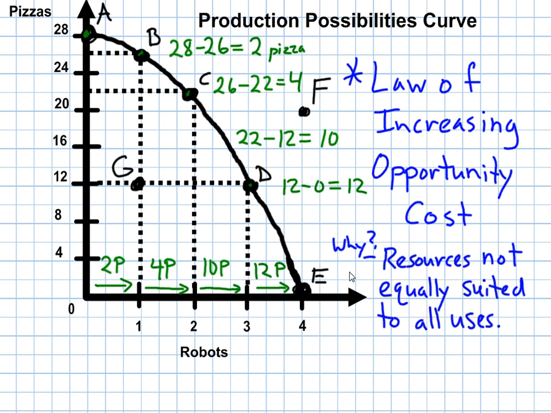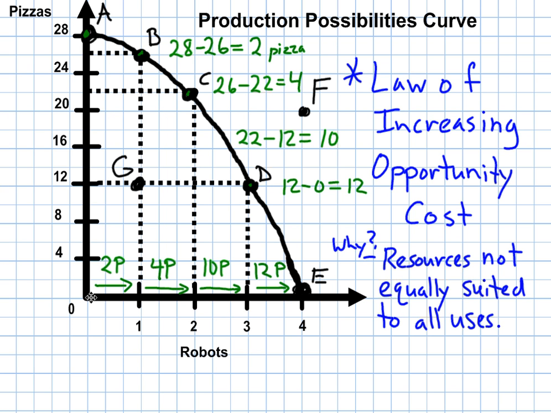Why, might you say, do the opportunity costs increase? We saw that they did. The first robot required 2 pizzas, the second 4, the third 10, the fourth 12. The opportunity cost got bigger as we forced more of our resources to produce robots. By the way, we usually work this direction, but it's bowed out in both directions.